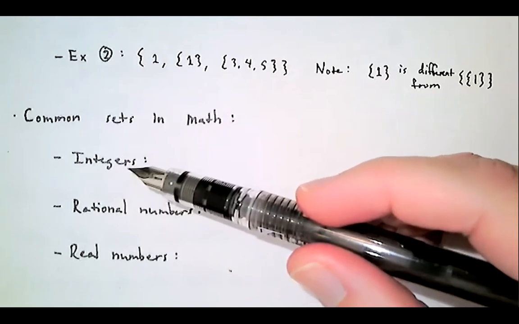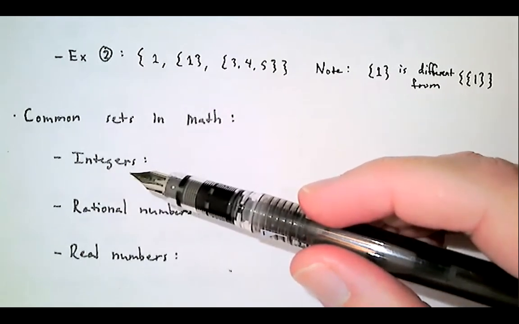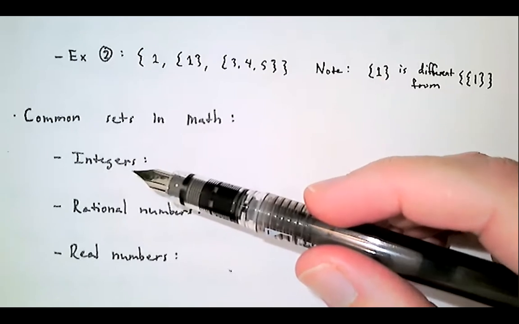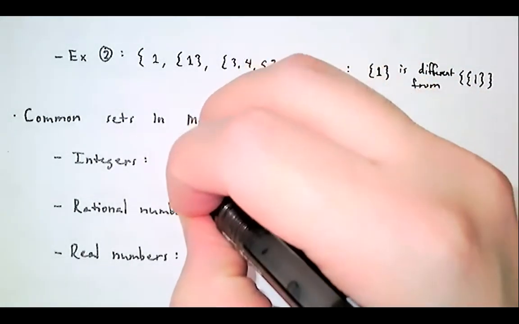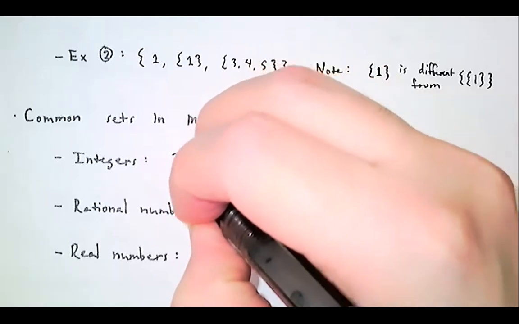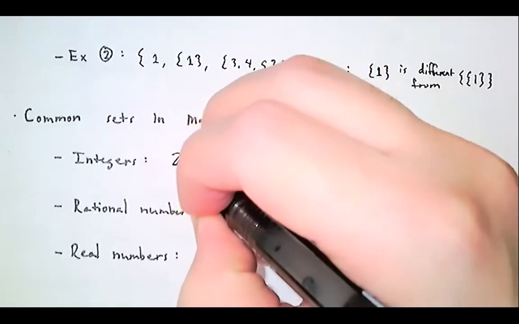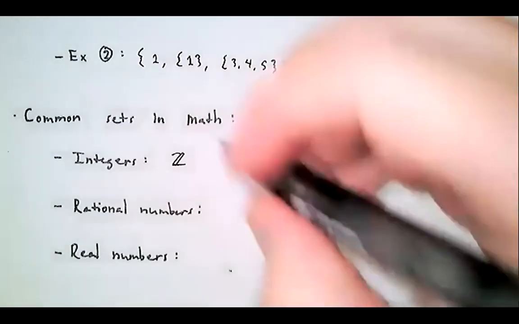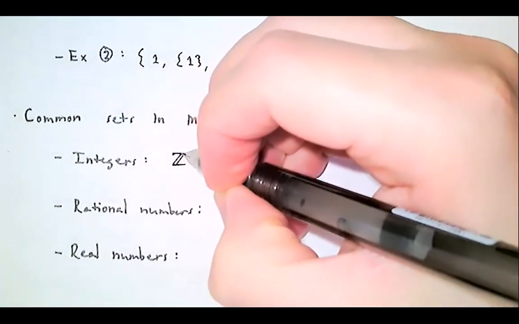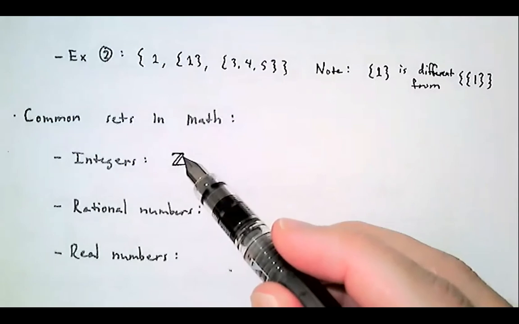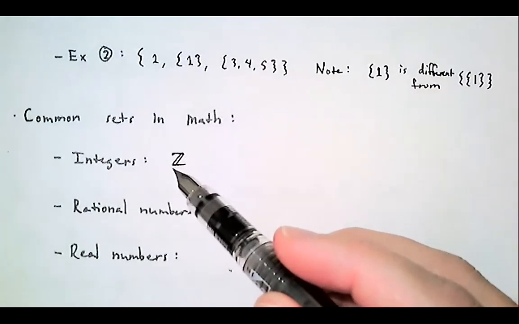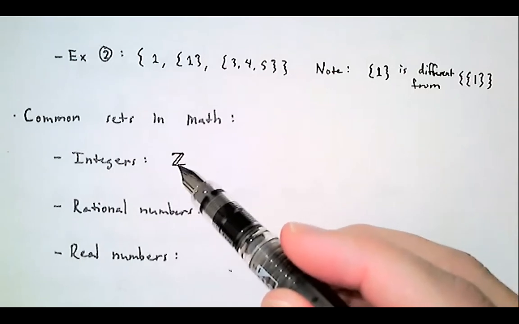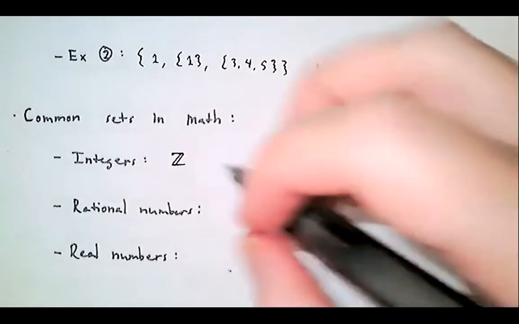So these are the whole numbers like -2, 0, 53, etc. And the symbol for the integers is this. So it's a Z, but instead of the normal single connecting line between the two horizontal bars, we have a double line.